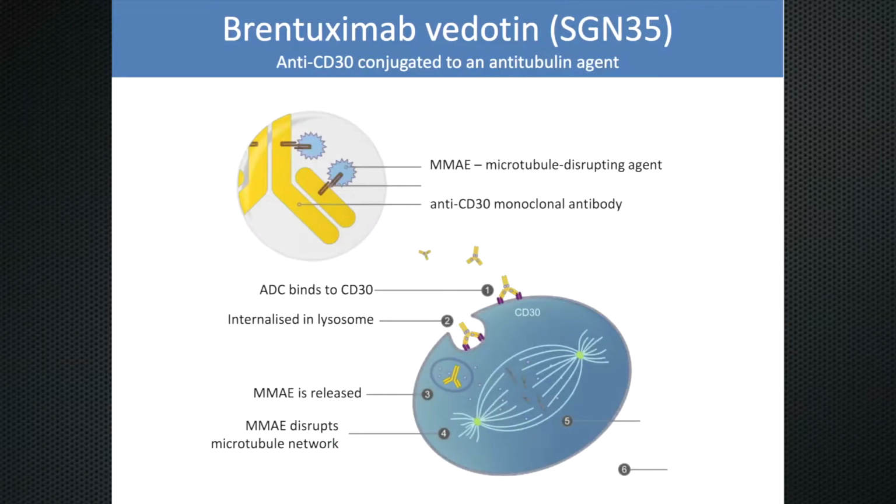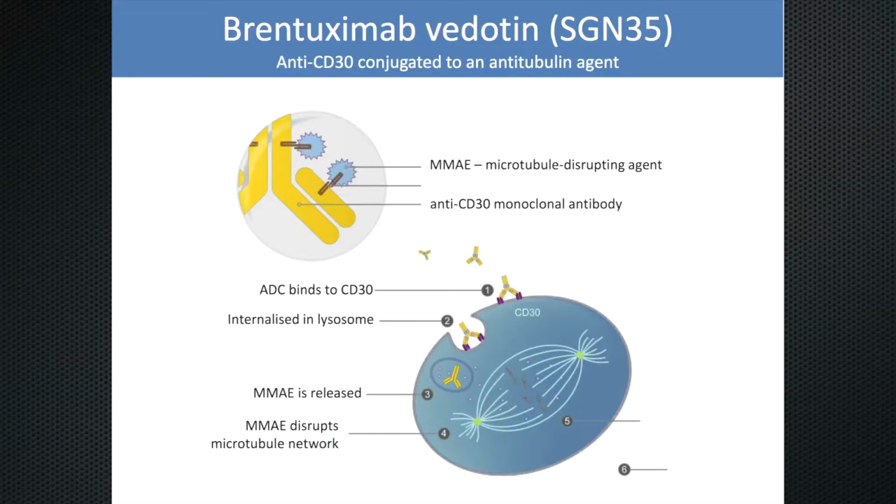Now, the next leap forward was represented by the use of conjugated antibody. There are very many now in clinical evaluation. The first one has been the anti-CD30 conjugated antibody, which is conjugated to an antitubulin agent.